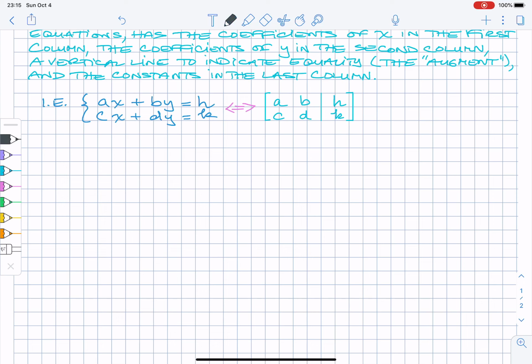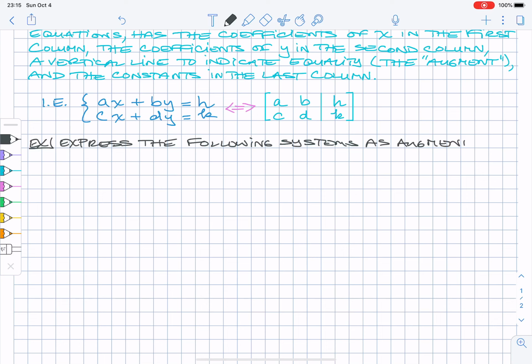Okay, so now let's do an example. Let's see if we can extend this to 3 dimensions. So express the following systems as augmented matrices.